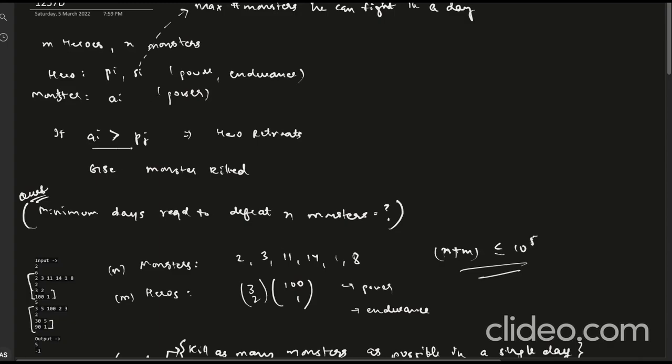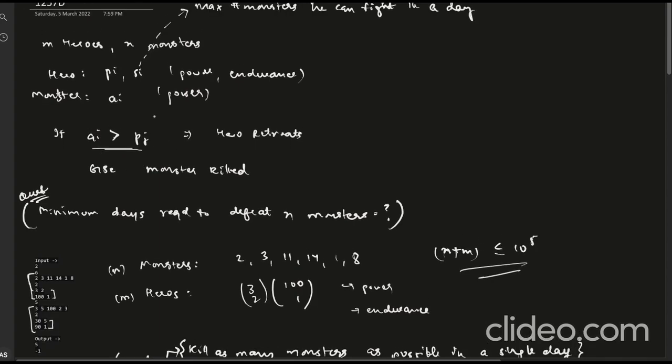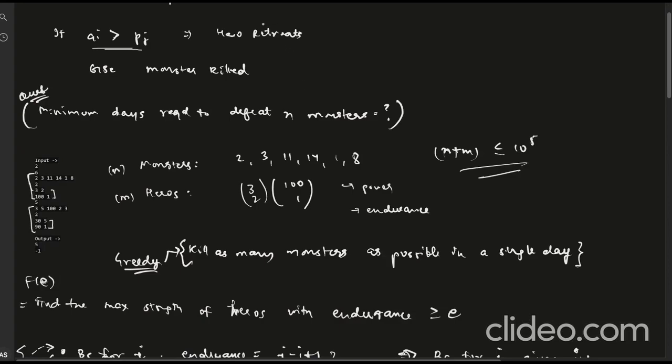Whenever the power of the current monster is greater than the power of the hero selected, then the hero has to retreat for the day, and the next day the process continues. Else the hero kills the monster.